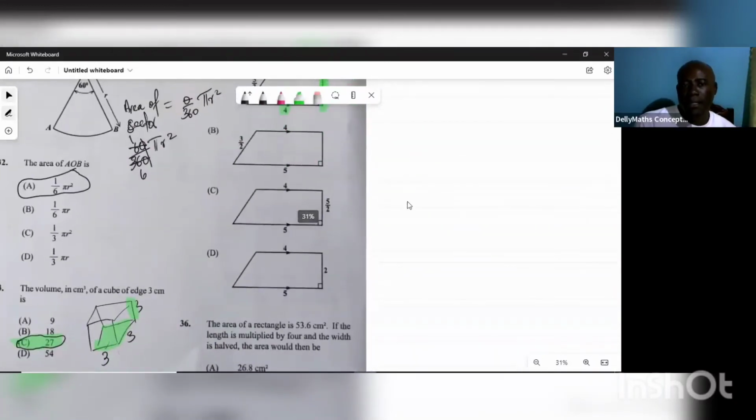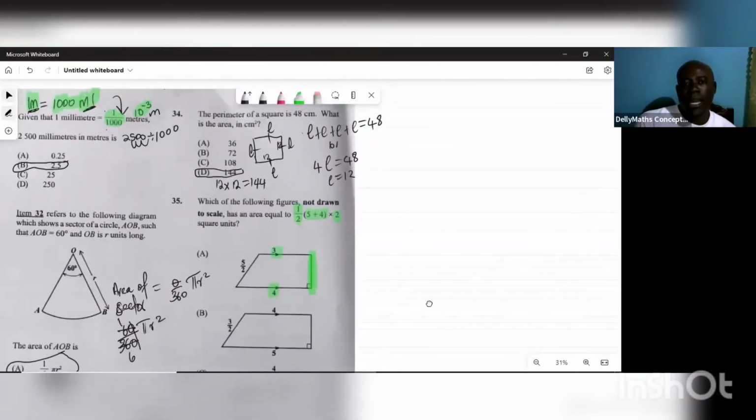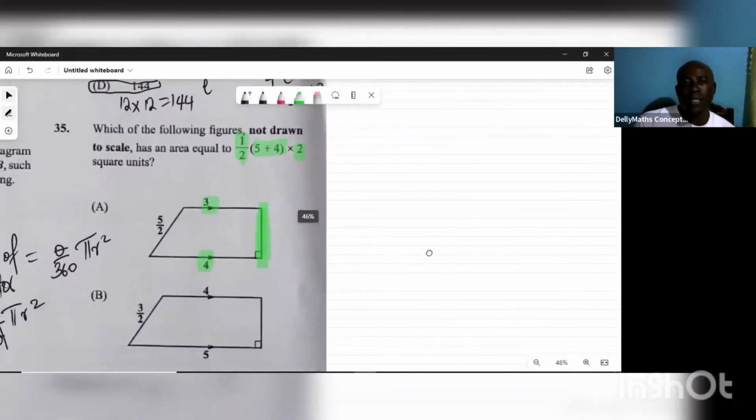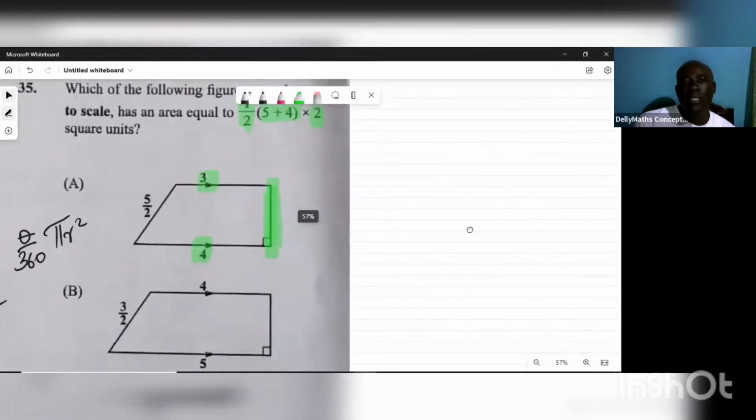We're seeing the parallel sides, 5 and 4, and a 2. So the formula would be 4 plus 5, half of that, times the height. That's how the trapezium formula goes. That's the same thing I have up here, so it is D.